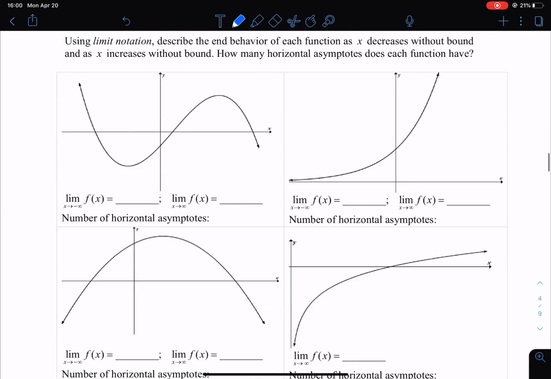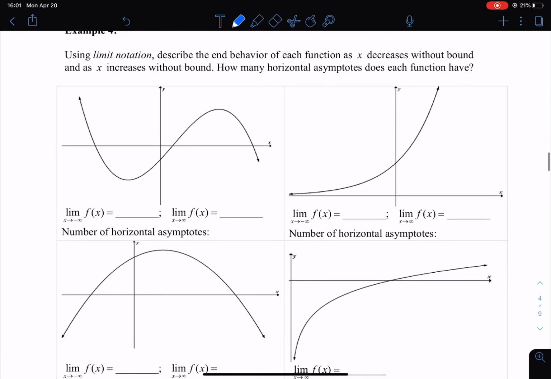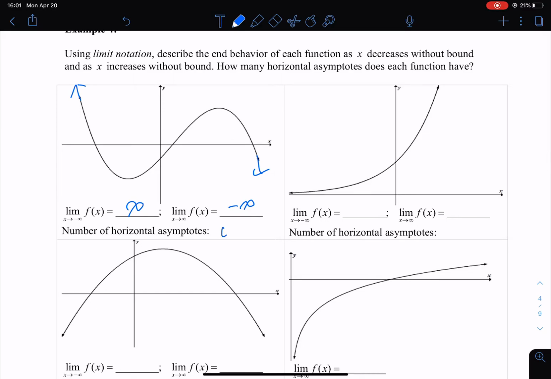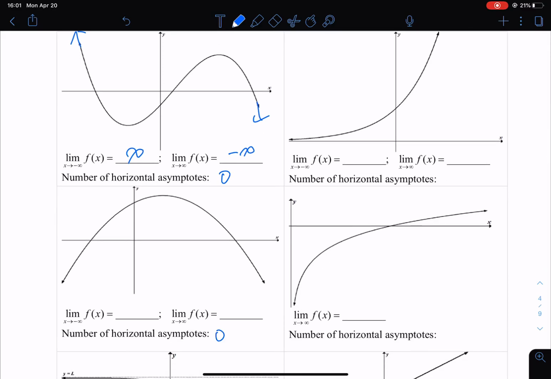And then example 4, so you can see this one. When x goes to negative infinity, this direction goes to infinity, and this one is negative infinity. The number of horizontal asymptotes is 0. And similarly, this one is also 0. Pay attention: this is not a horizontal asymptote. This is just a horizontal line.